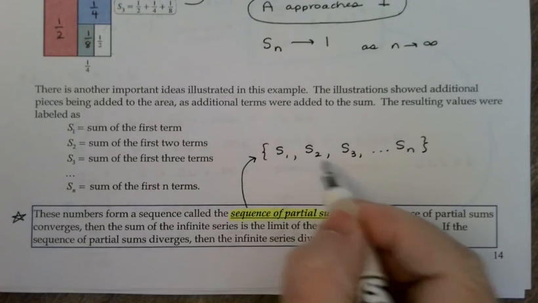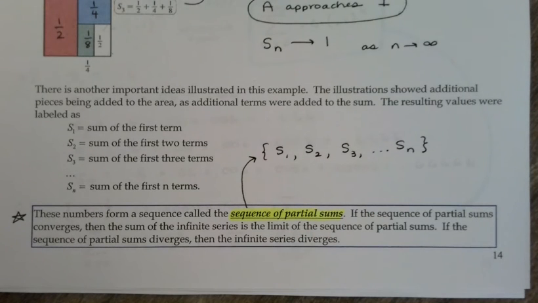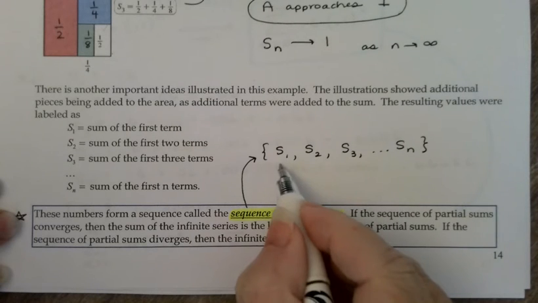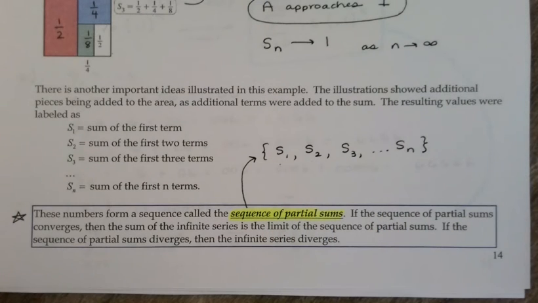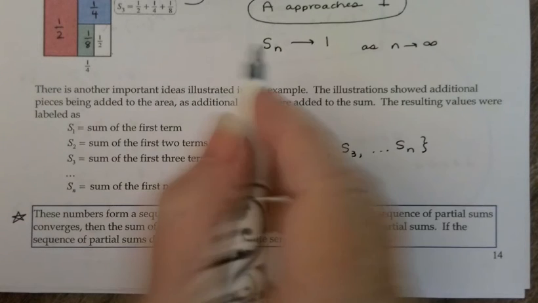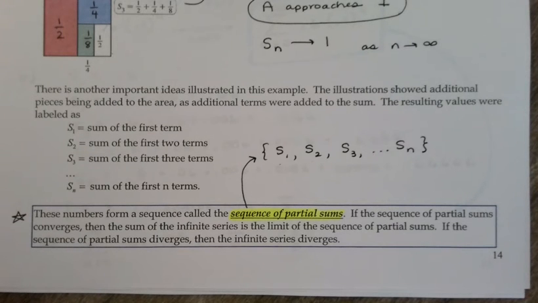What's nice about forming the sequence of partial sums is we already know how to test a sequence for convergence. If the sequence of partial sums converges to a particular value, then the sum itself will also converge to that value. If the sequence of partial sums diverges, then the infinite series diverges.